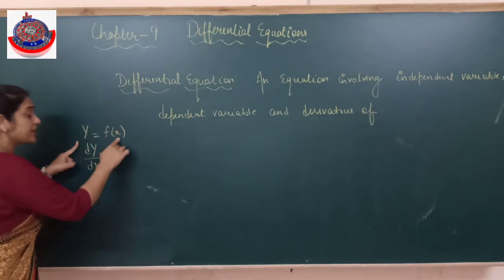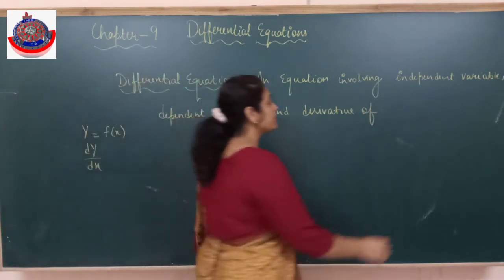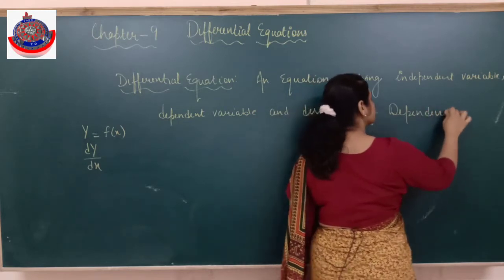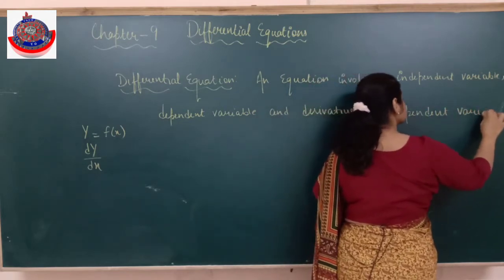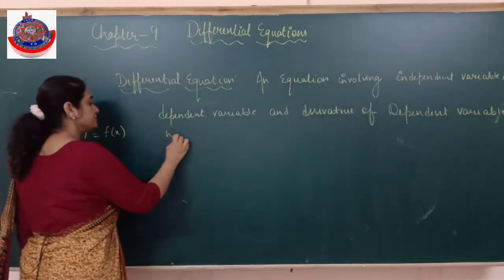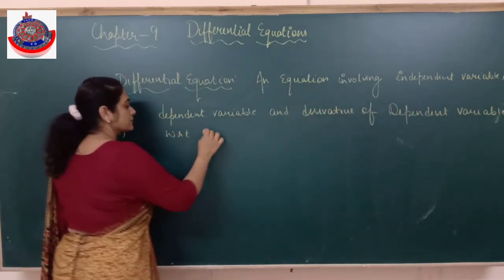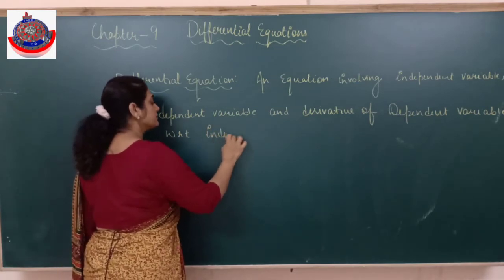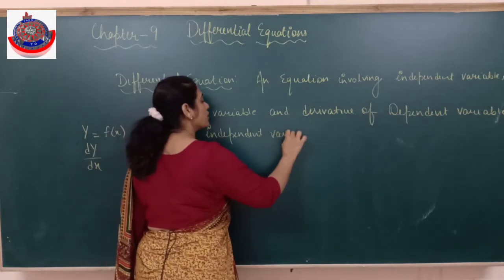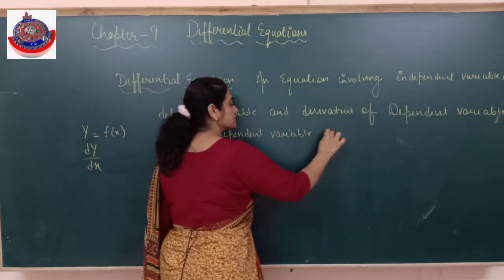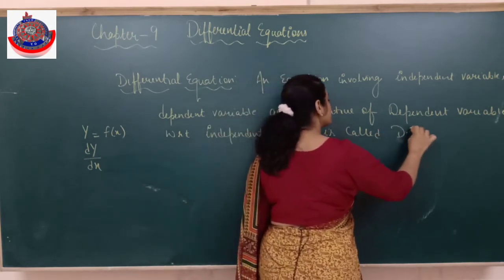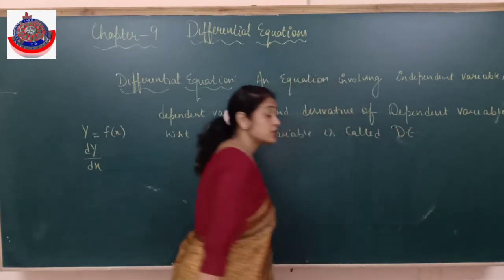with respect to the independent variable, the derivative of the dependent variable with respect to the independent variable, is called a differential equation.